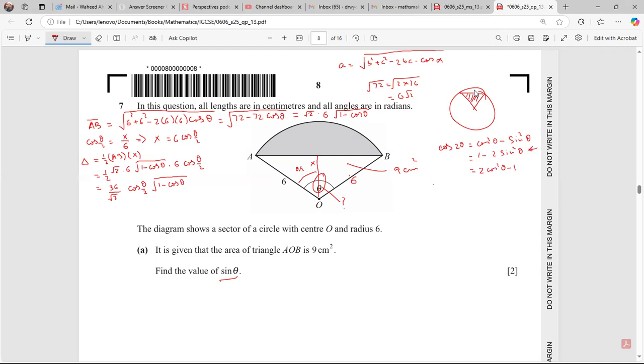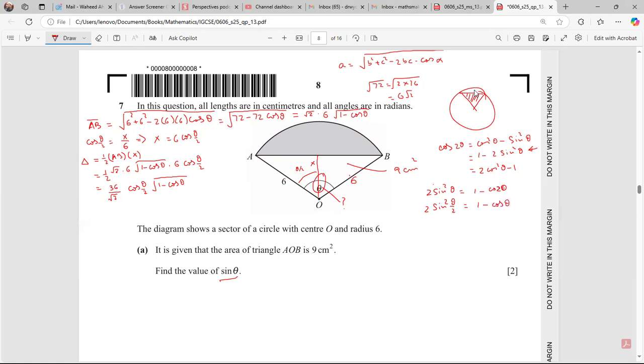From here you can see that 2 sine squared theta is going to be 1 minus cos 2 theta, right? If I replace all the angles by half angles, it will become 2 sine squared theta by 2 equals 1 minus cos theta.